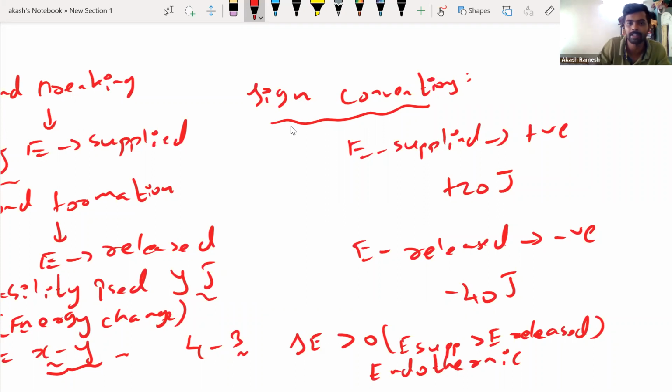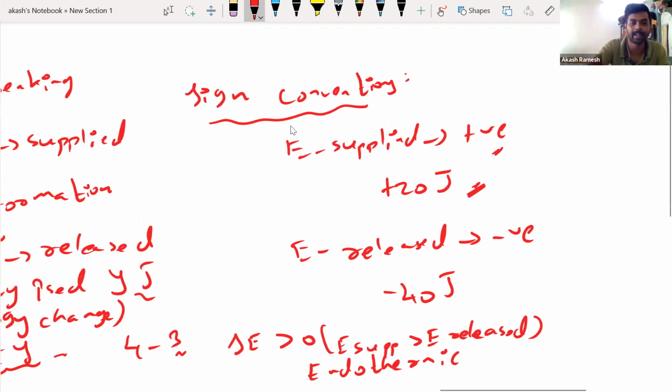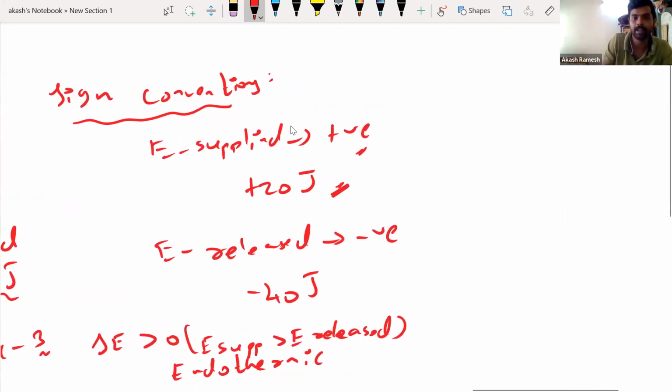And I told you, whenever energy is supplied, that should be a positive value. So whenever you see a positive value for the overall energy, delta E, that will be an endothermic chemical reaction. Now obviously the exact opposite will happen if delta E is less than 0, that is, if it is negative.